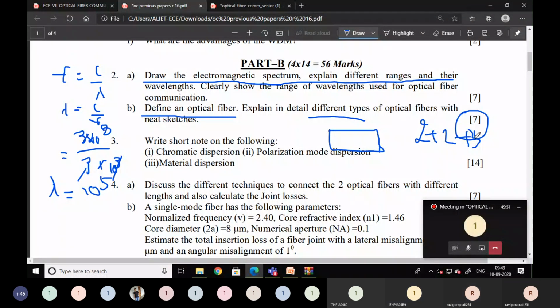Yeah, tell me. Anyone? Types of fibers? Don't know?